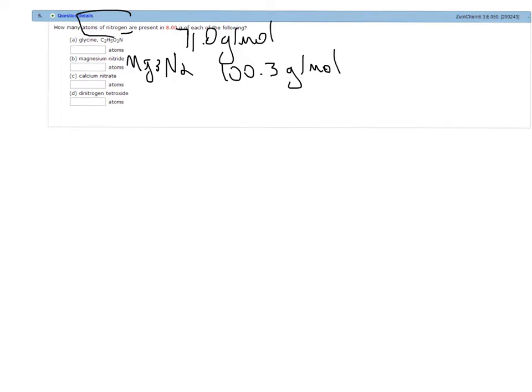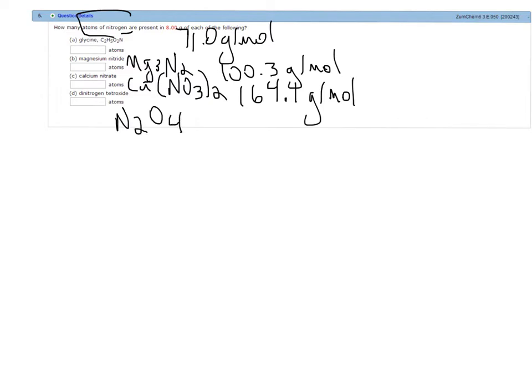Calcium nitrate is Ca, and then open parentheses NO3, close parentheses 2, and that is 164.1 grams per mole. And dinitrogen tetroxide, N2O4, is 92.0 grams per mole.